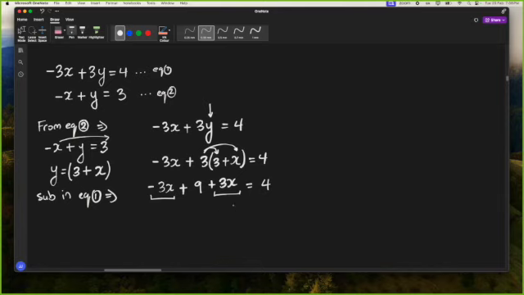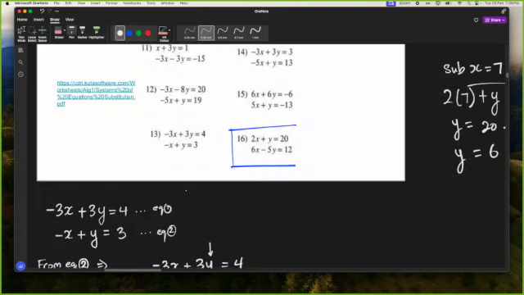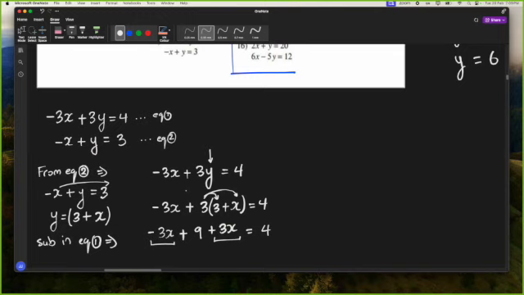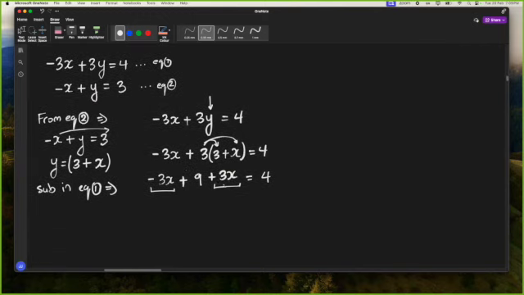So check what's going on here. Negative 3x, and wait, did I write it down wrong? No, I didn't. Okay. Negative 3x plus 3x, well, that cancels. That'll give me 0. So what I ended up getting is 9 is equal to 4.